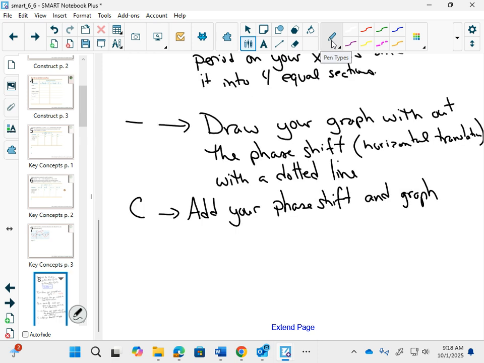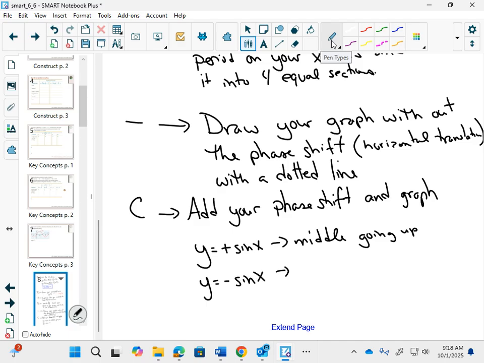And graph. So this is where if you have a positive sine graph, it starts in the middle going up. If you had a negative sine graph, where does it start? It starts in the middle going down.